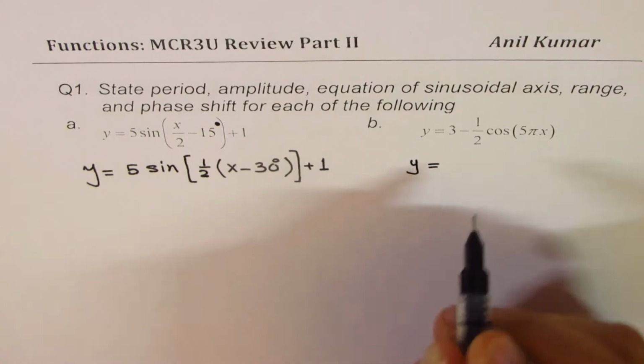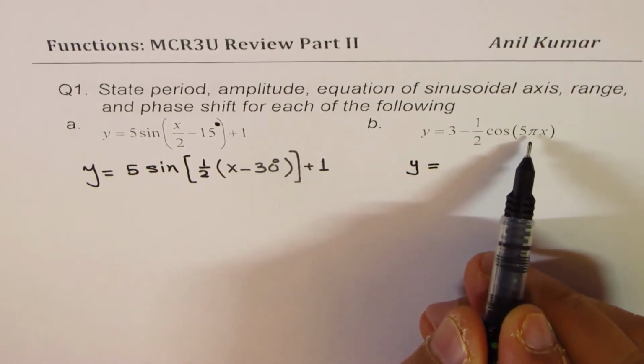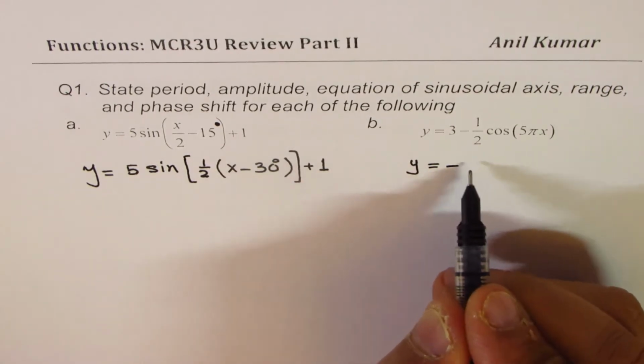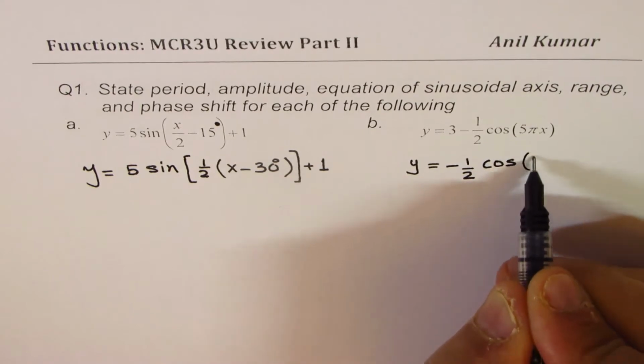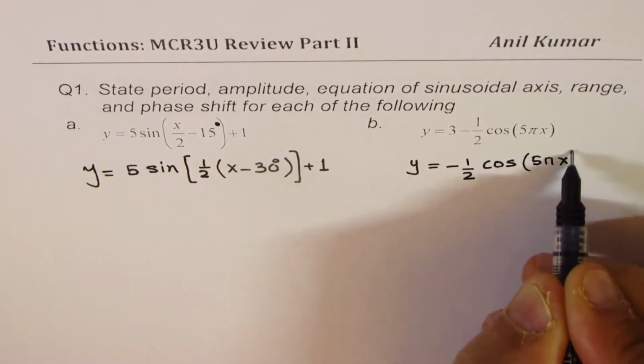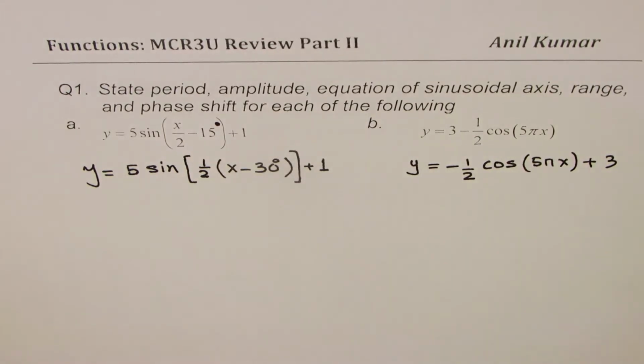The second function is y equals 3 minus half cos 5 pi x. Let me rewrite this also as minus half cos 5 pi x plus 3. So it becomes simpler since we are used to looking at these equations in this fashion. Perfect.